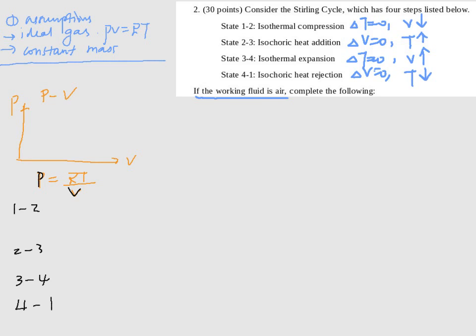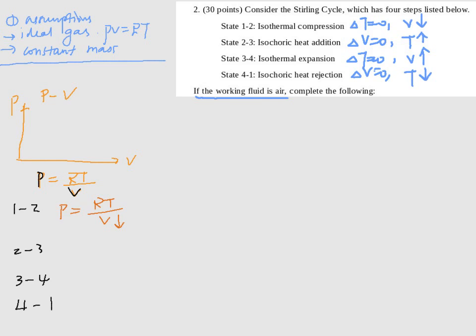Okay, so from state 1 to 2, we're just going to write down this equation again so we can read the descriptions and decide what the graph looks like. From state 1 to 2, volume is decreasing, temperature is constant, and R is always constant, so P is going to decrease.